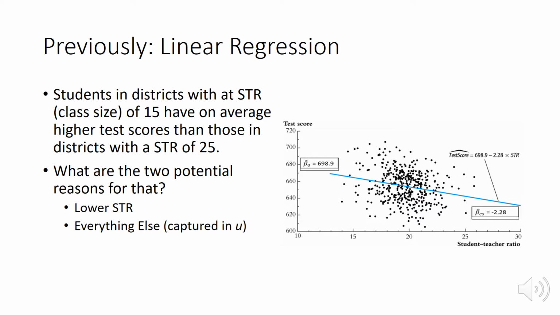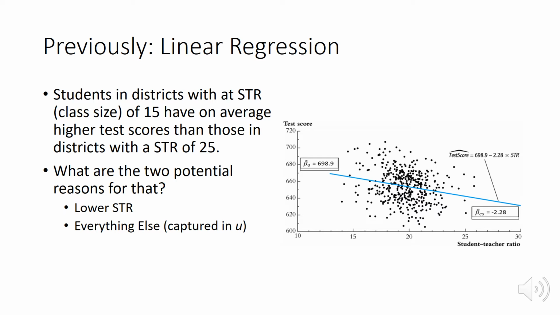And what we saw, and this is just a copy and pasted slide from our earlier lecture, was that with these data, students in districts with a student-to-teacher ratio of 15 have higher test scores on average than students in districts with a student-to-teacher ratio of 25.